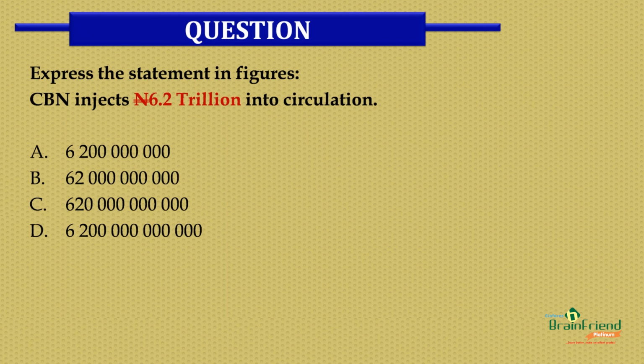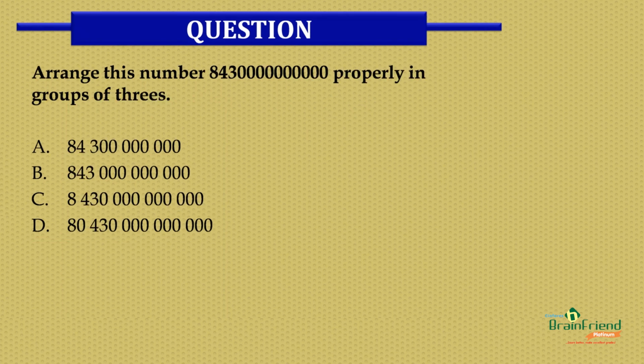The correct answer is option D. Question 2 says, arrange this number 843,000,000,000 properly in groups of threes. Amongst this option, which is the correct answer? The correct answer is option C.